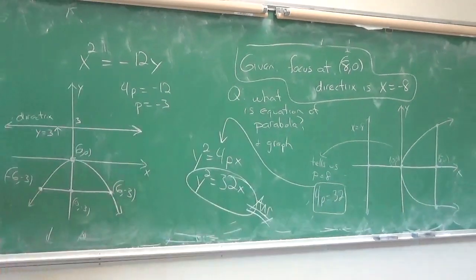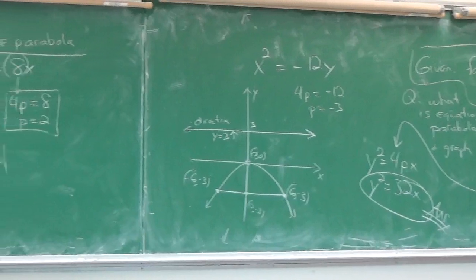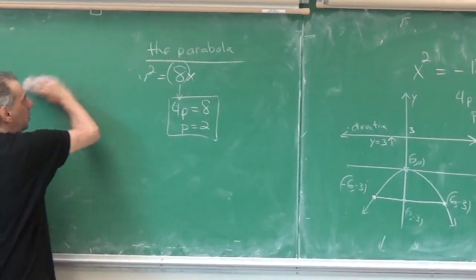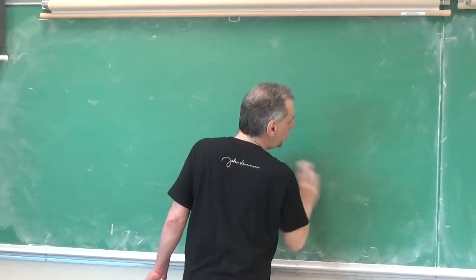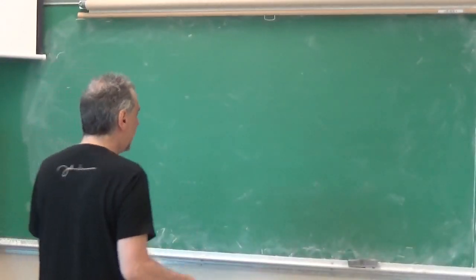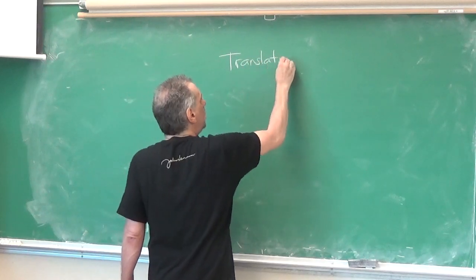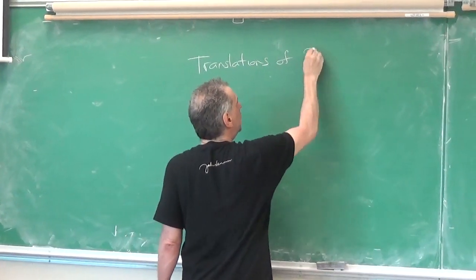All right, and just like with ellipses and hyperbolas, we want to deal with parabolas whose vertex is not at the origin, whose vertex can be anywhere. So again, translations of parabolas.